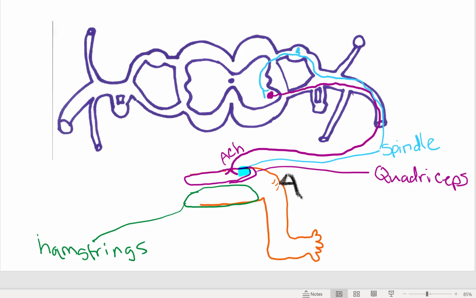In actuality, that afferent fiber would also synapse on an interneuron.